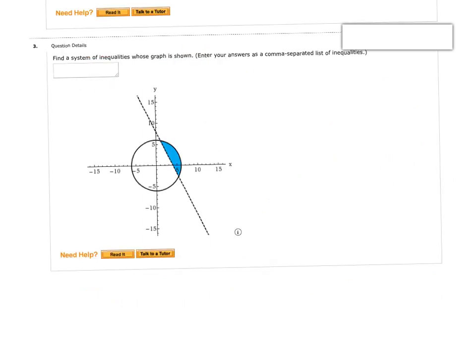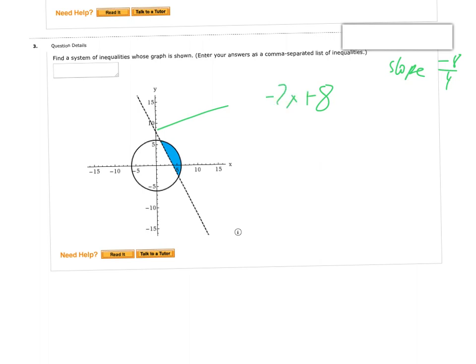All right, next one here, they're asking us to write another system. For this one, the linear one looks a little easier to me, so I'm going to write that one first. It looks like we have a y-intercept of 8. Then the slope goes down to 4, 0, so that's down 8 and over 4, which we reduce to negative 2, so I'll say negative 2x plus 8.